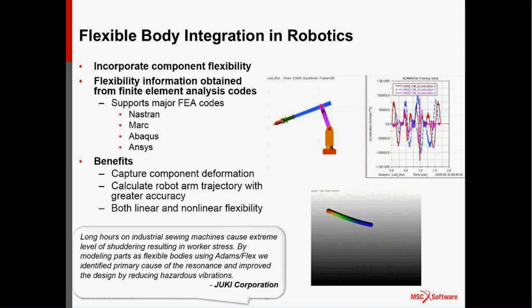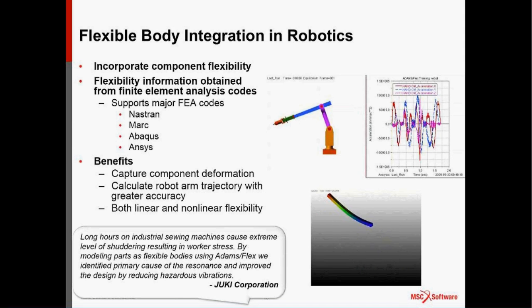And if you want to include the nonlinear flexibility, for example, you have some very large deformation at some components, then you can also do that with the nonlinear flexibility capabilities of Atoms. By leveraging that, you can achieve both small and large deformation. And those will sometimes be very important to calculate the robot arm trajectory.